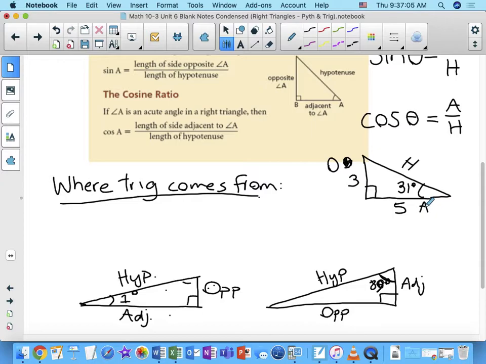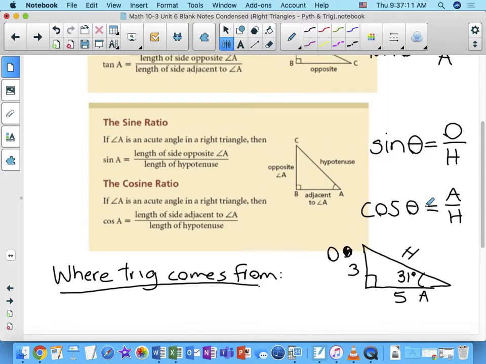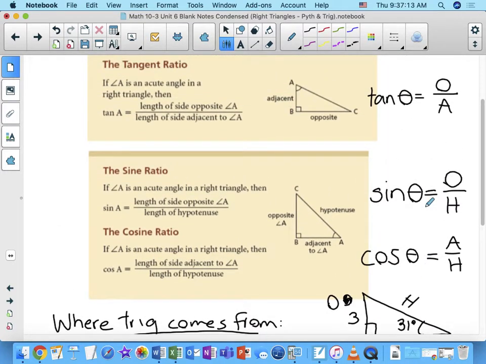Yes? Okay. Which of the 3 trig ratios is opposite over adjacent? Tangent. Yes. The tangent ratio is opposite over adjacent.